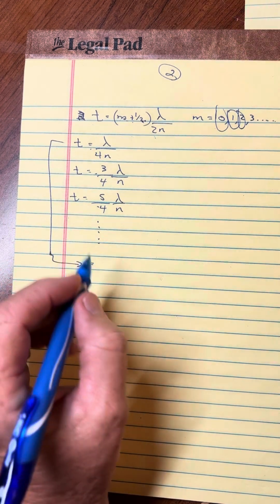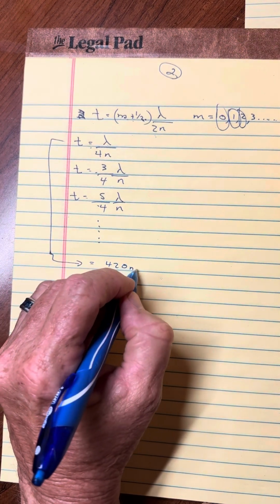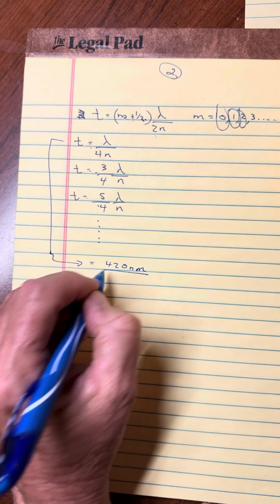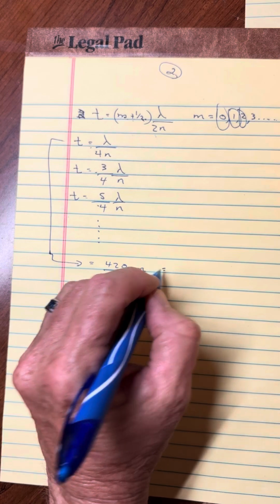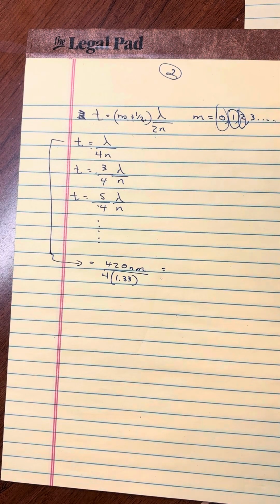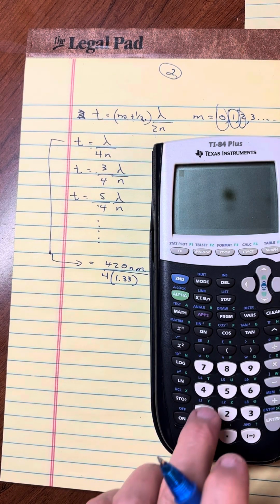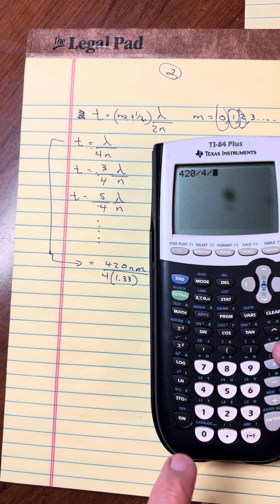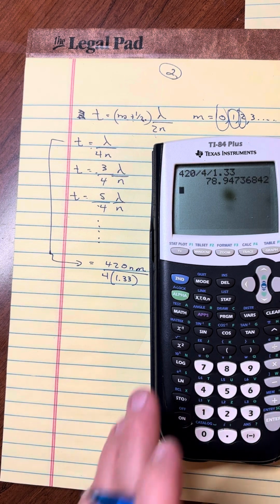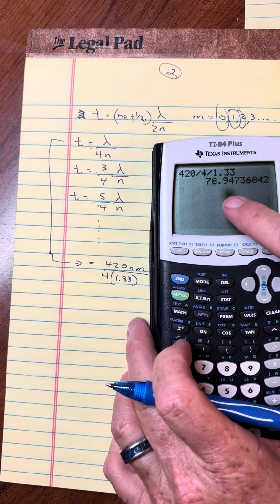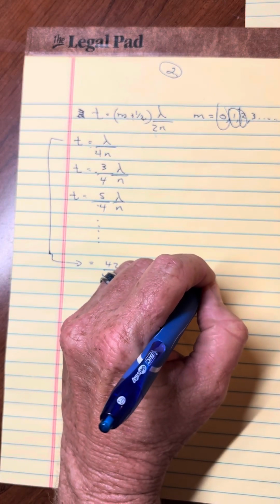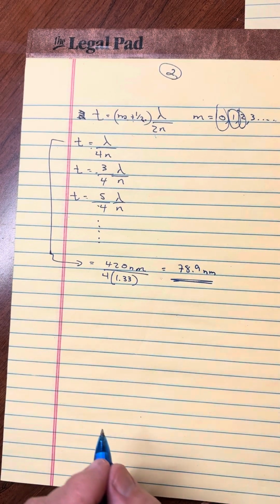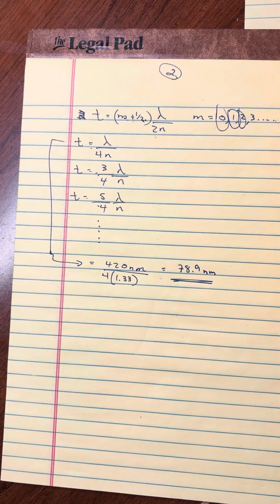So if I put in the 420 nanometers for the wavelength of light, and I divide it by a 4 and a 1.33 for the index, grab my calculator here, I take the 420, divide by 4 and also by 1.33. We're looking at 78.9 nanometers for the thickness of that violet light.